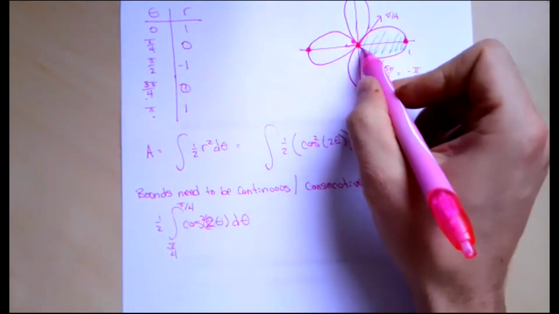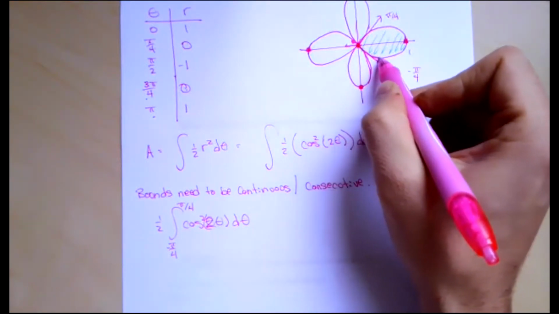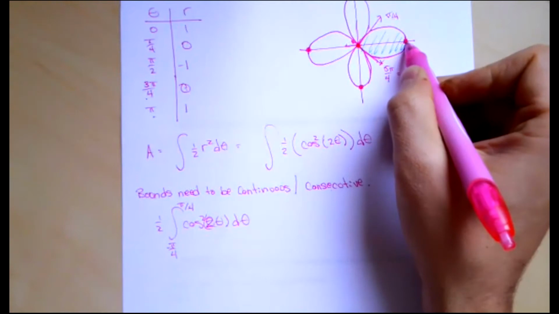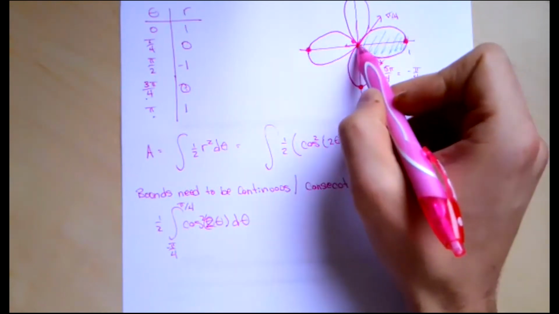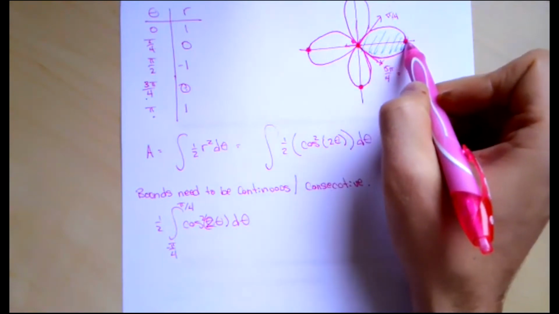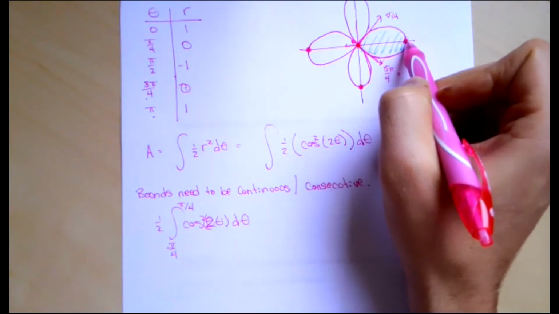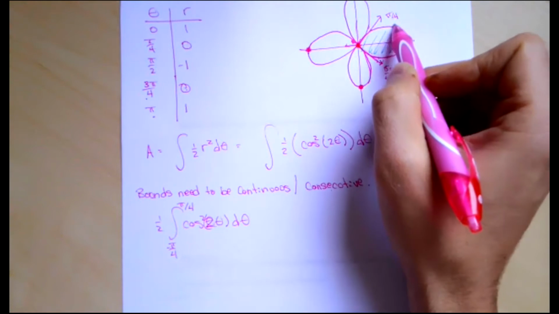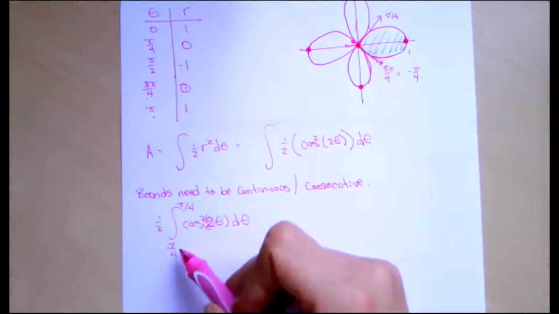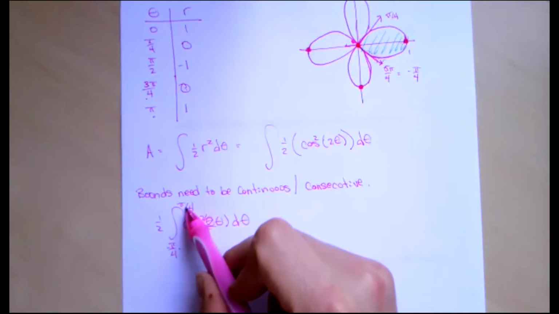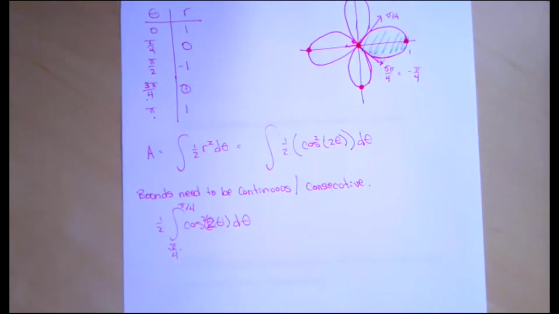If I know that I'm at this angle, I'm traveling on this part of the petal, 5 pi over 4. But we would have just had to continue on beyond, to 2 pi, and then up here would be 9 pi over 4. So you could also do 5 pi over 4 to 9 pi over 4 if you wanted. By the periodic nature, that should give us the same answer.